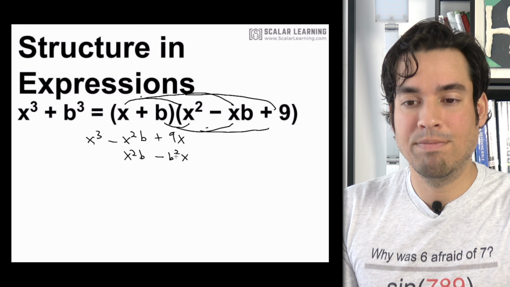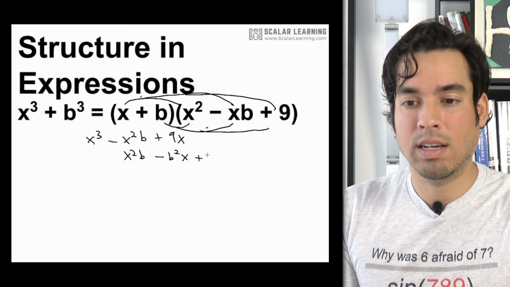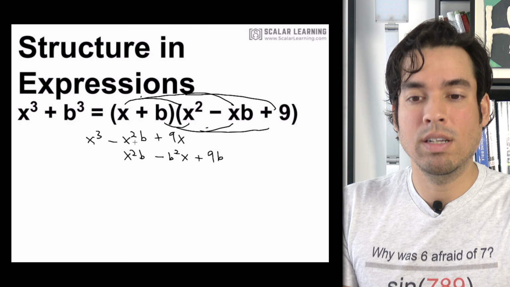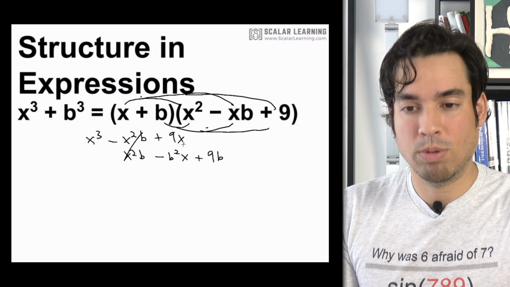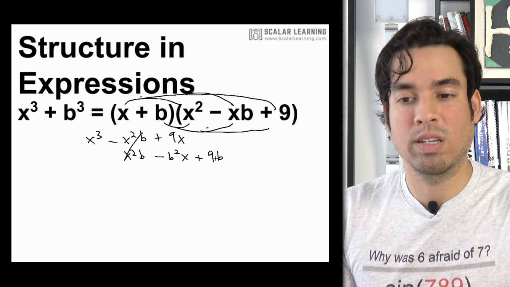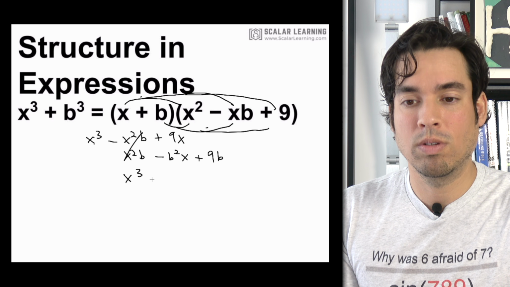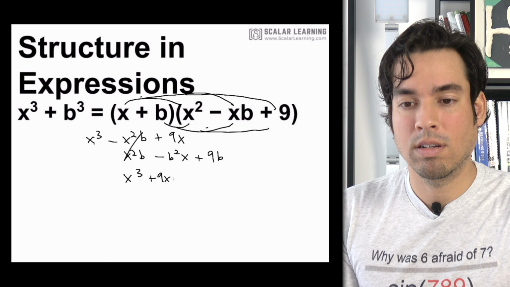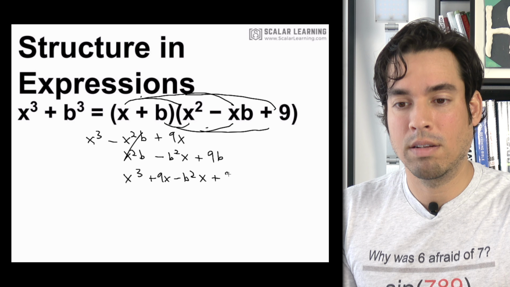And then I got negative b squared x. And then last but not least, I got 9 times b. Okay, the reason why I did it like this, first of all, these cancel out, which is great. These kind of combine because they're both x terms, or they can be grouped together. And then I got 9b at the end. So I've got now on the right side, x cubed plus 9x minus b squared x plus 9b.